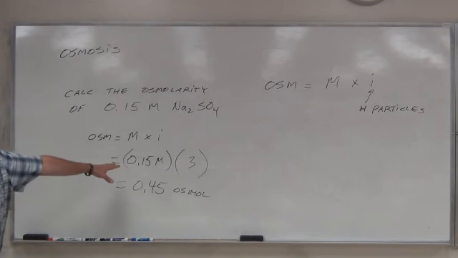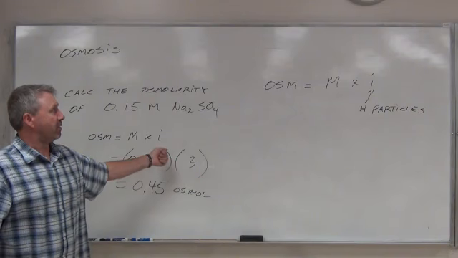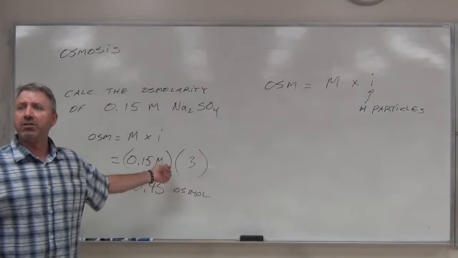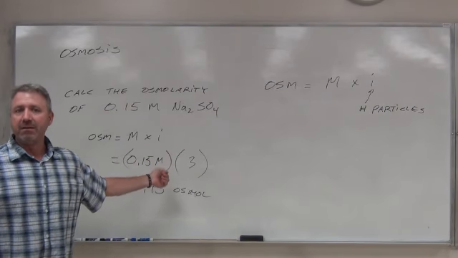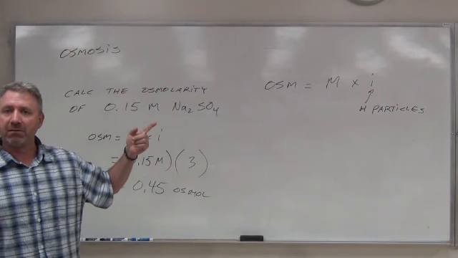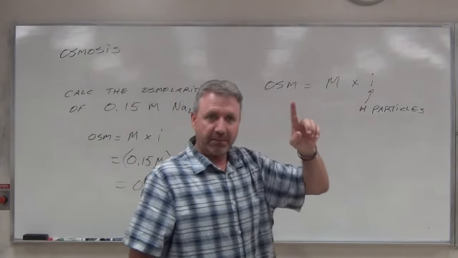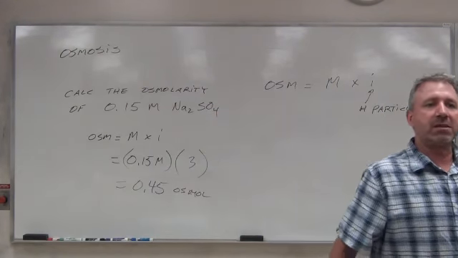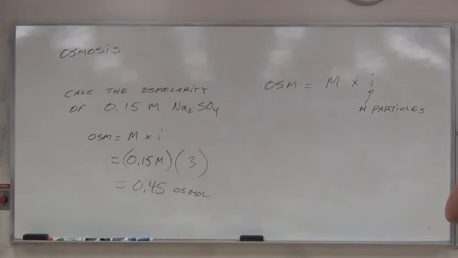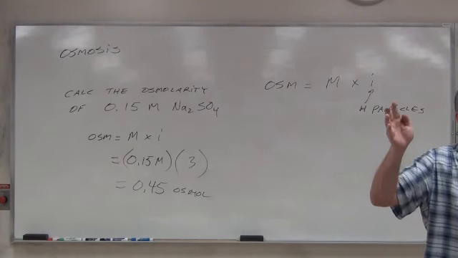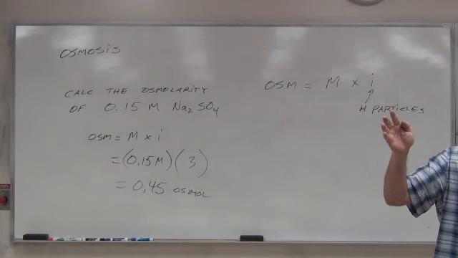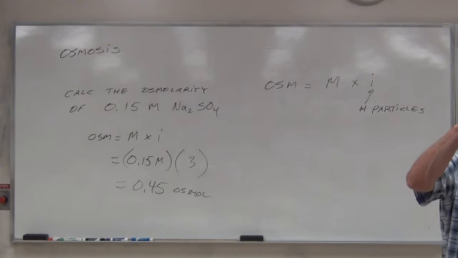So you'll see some of these calculations. The most difficult thing you're going to have to do is determine what I is. Just know for ionic compounds with a metal, separate off the metals, keep the polyatomics together, add them all up. For a compound that contains only nonmetals, it's a covalent compound, I is equal to 1.